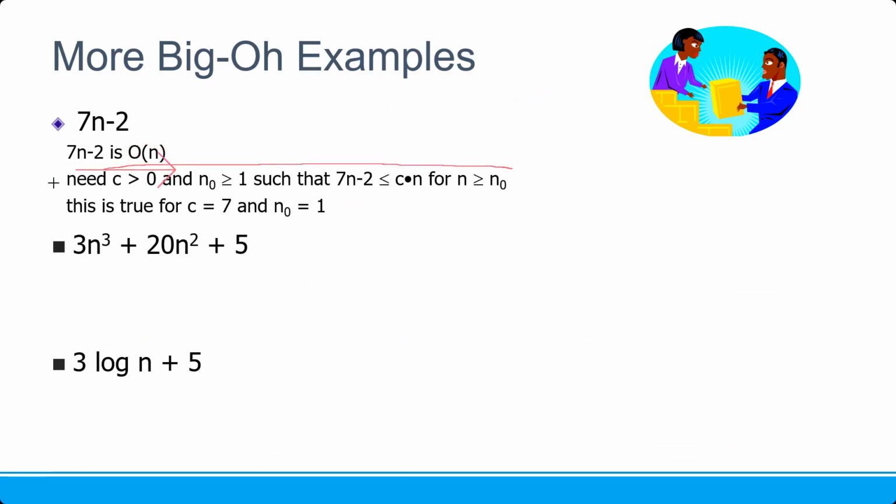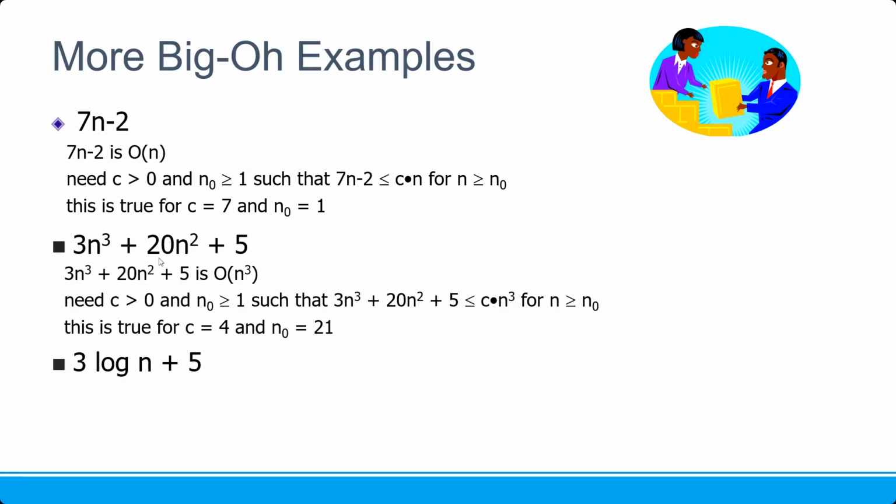I will skip the detail of this one. You can check, you can do the derivation. Say 7n minus 2, then it will be cn. Here we have c equals 7 and n0 equals 1.